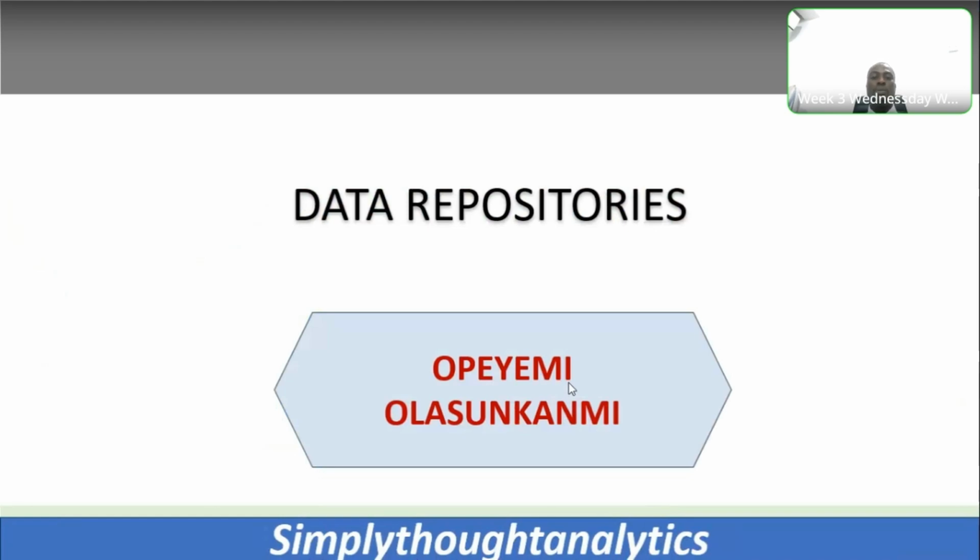Because if we do not store our data, then the data is going to be lost. And if the data is lost, then all the resources that we have used to collect and gather it is a waste. And also all the information and all the gems that are present in that data is also lost.